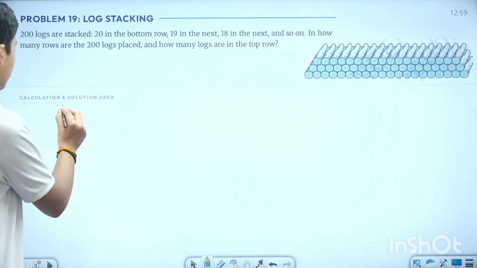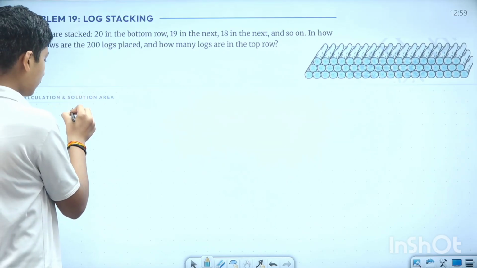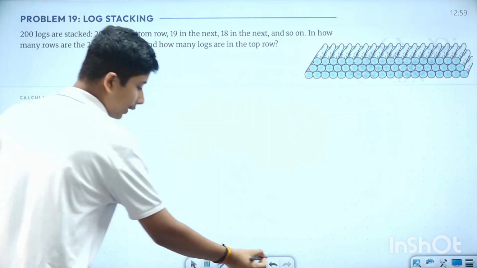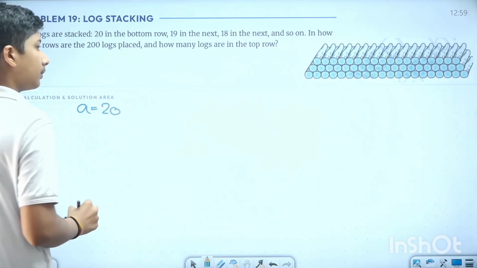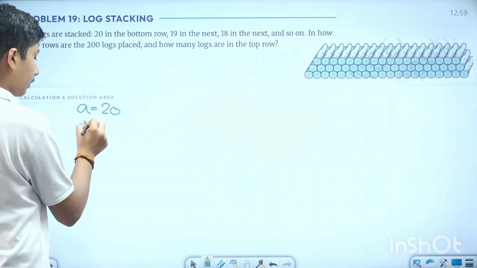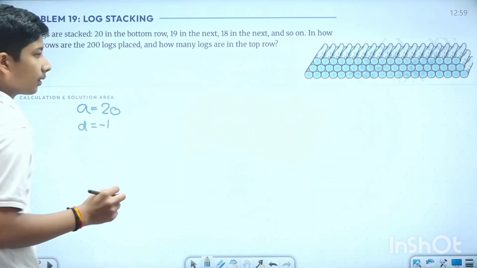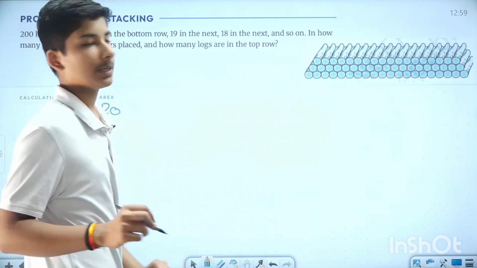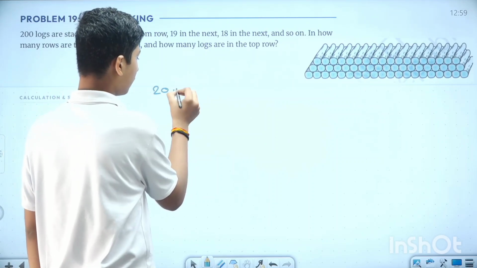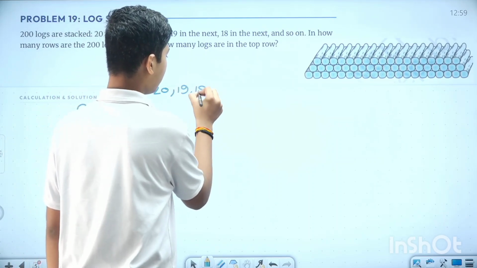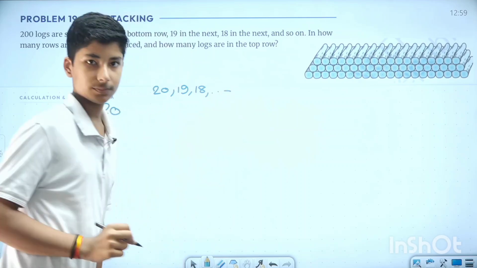See, if in the first row, we have to find out n. So a will be 20, then the difference is minus 1, because 19 minus 20 will be minus 1. How will we stack them? 20, 19, 18, then continue.